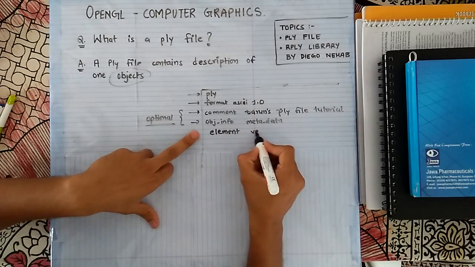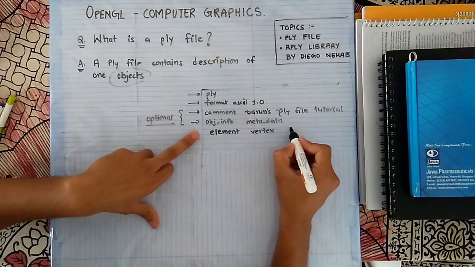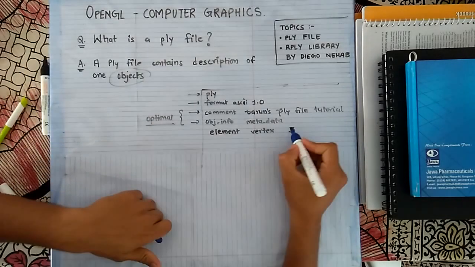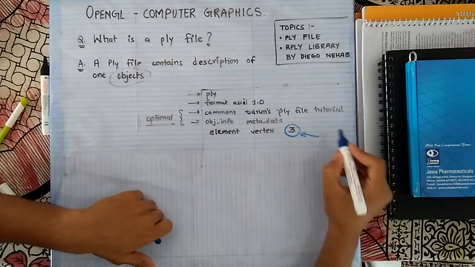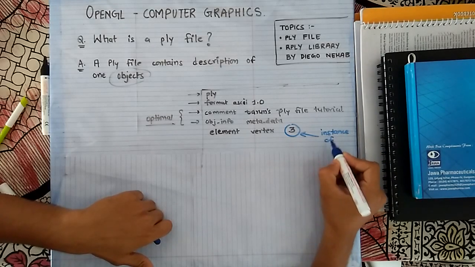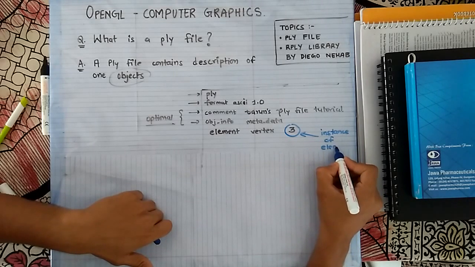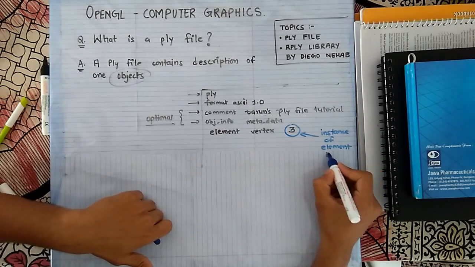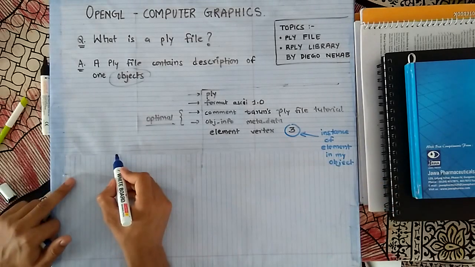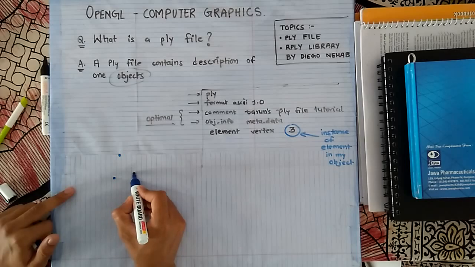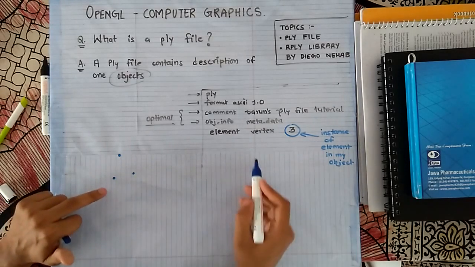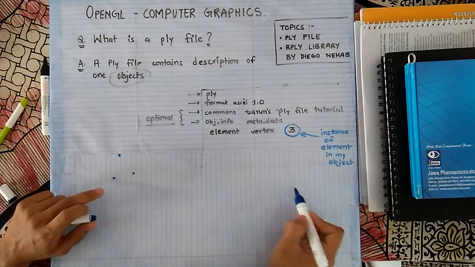So my first element is vertex, and here I will write the number of instances of this element in my object. So as I have already shown you, suppose our object is a triangle. This is 3 vertices, and I will declare these 3 in the bottom.